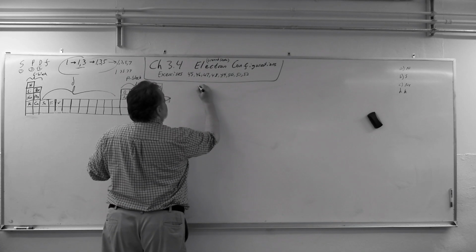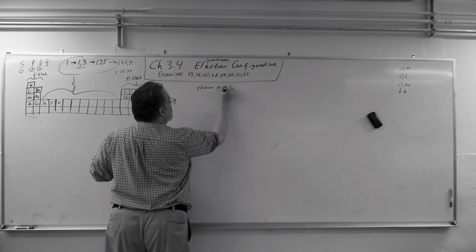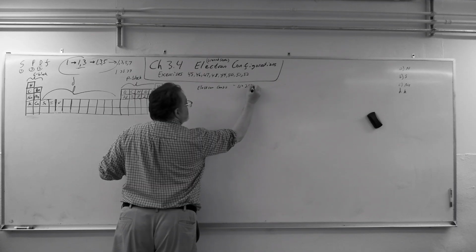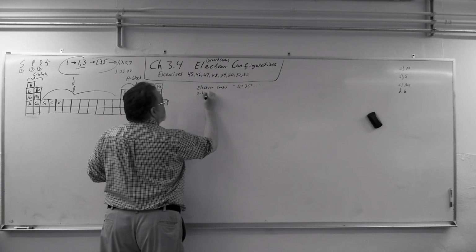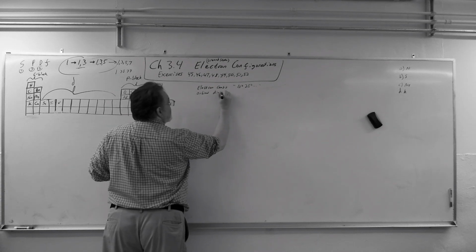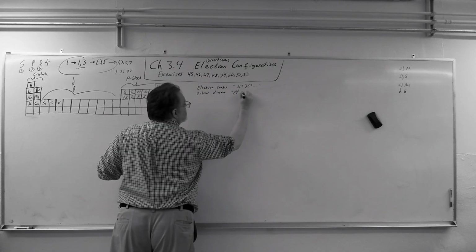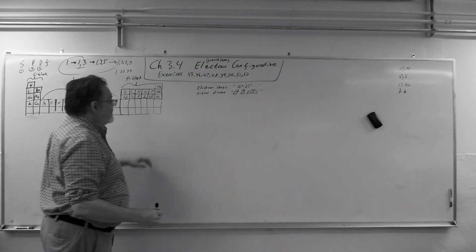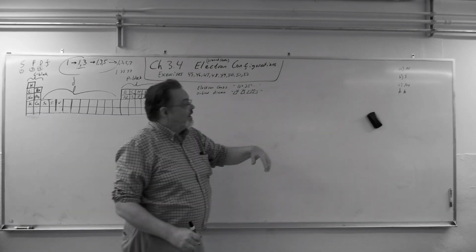Electron configuration is 1s2, 2s2, that form, and then orbital diagram, that's when you do the boxes. So this is asking for electron configuration.